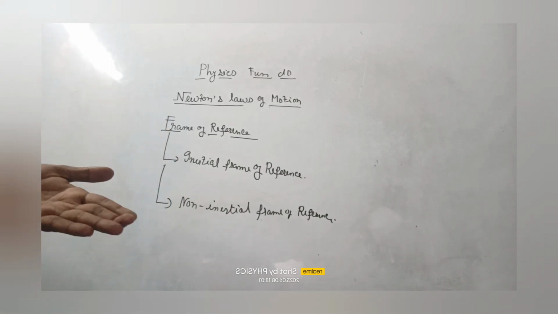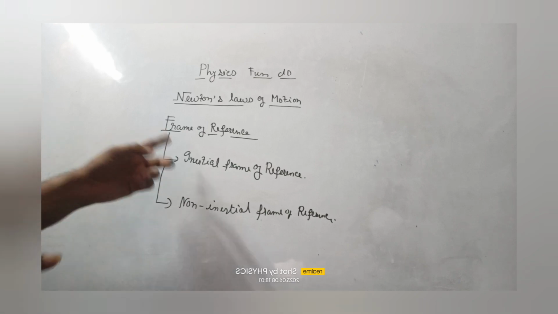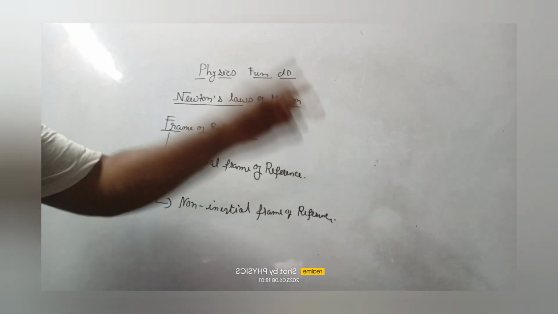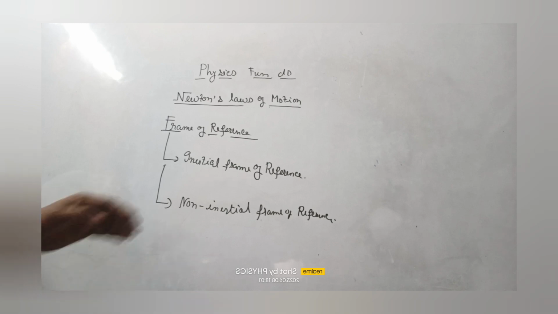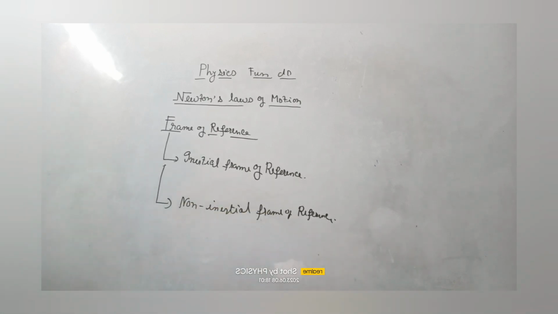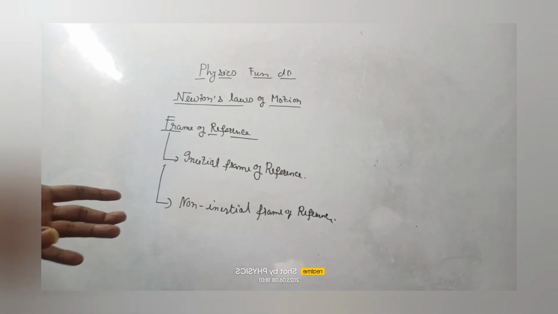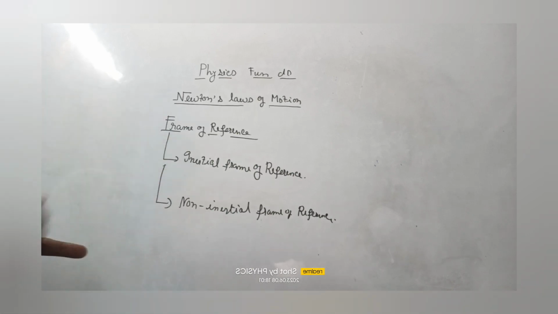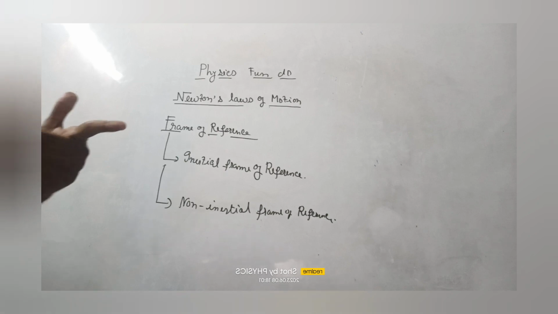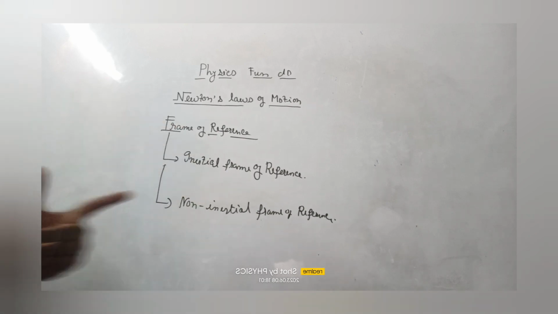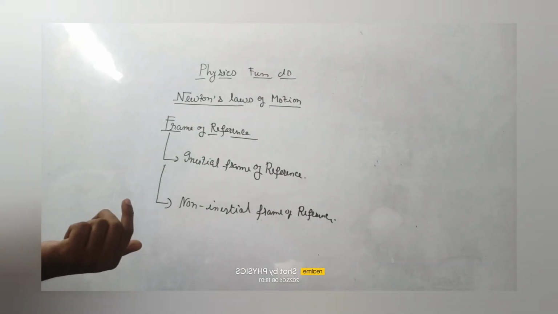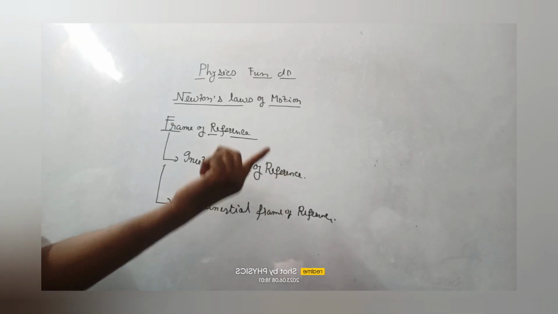Now, Newton's laws of motion exist in the inertial frame of reference. But in a non-inertial frame of reference, there is accelerated motion. A frame of reference with accelerated motion is called a non-inertial frame of reference.